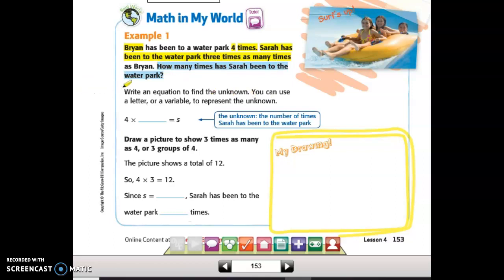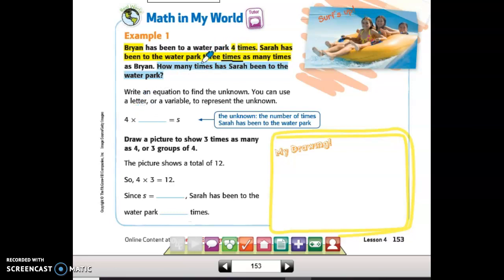Our plan is to write an equation. They've given us 4 because we know that Brian has been to the water park 4 times. The problem also tells us Sarah has been to the water park 3 times as many. Since you see the word times, that's a good clue. We're probably doing multiplication.